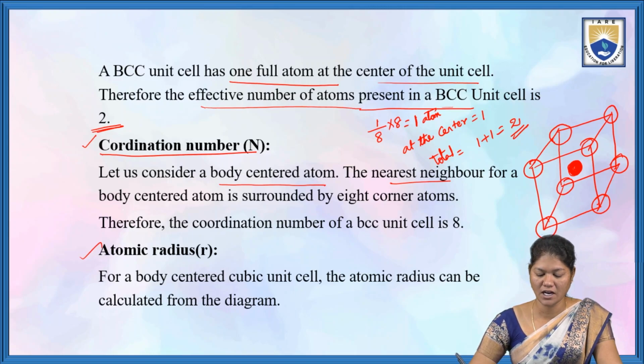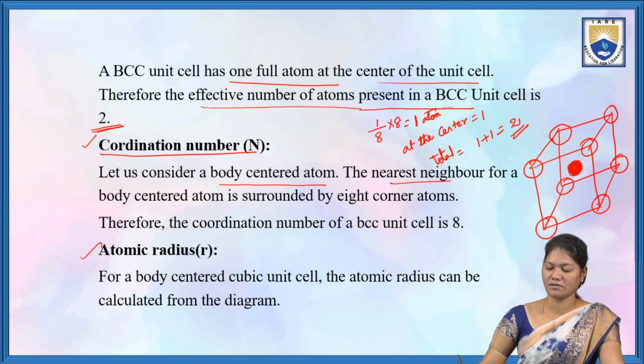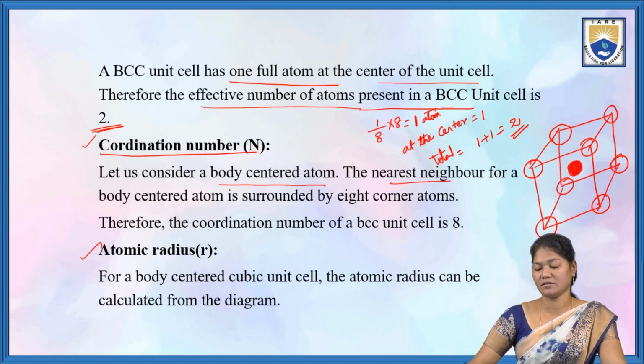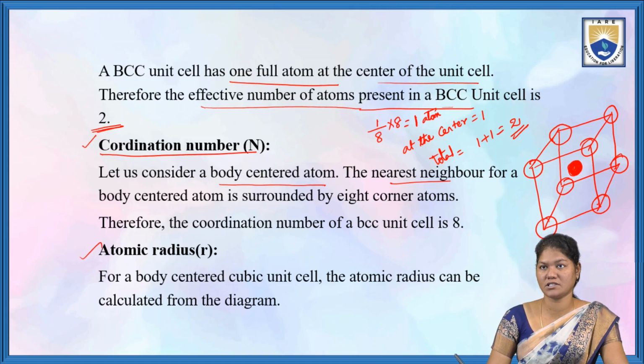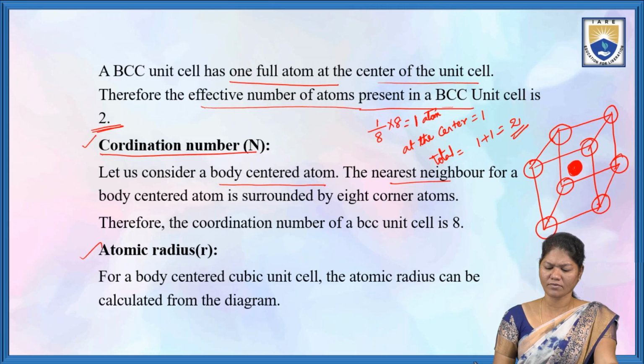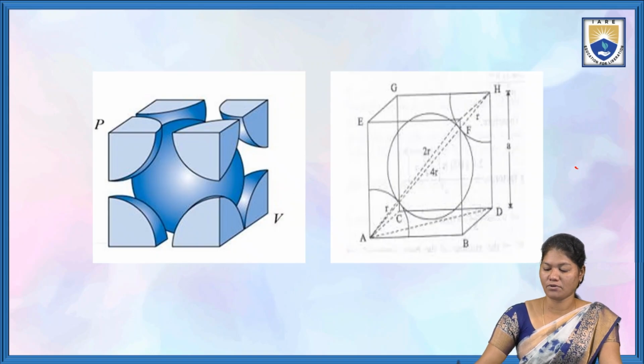We already discussed the nearest neighboring distance and coordination number, which means the atoms at the nearest distance, which are at 2r distance.